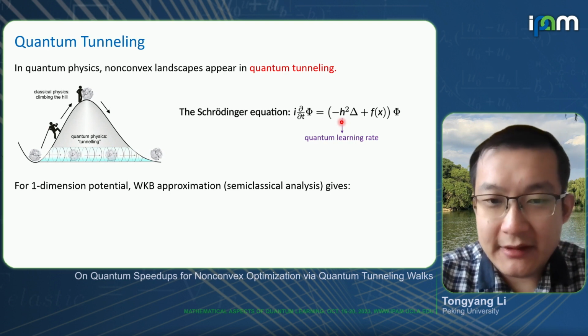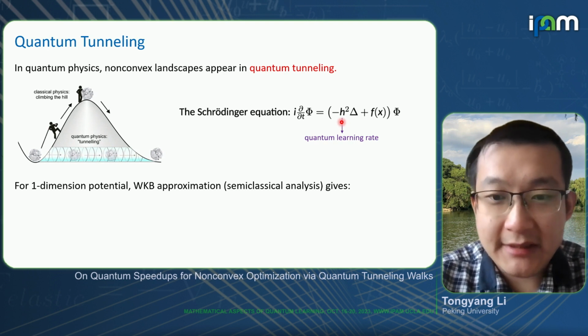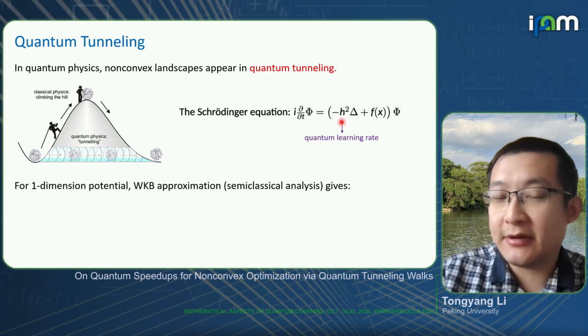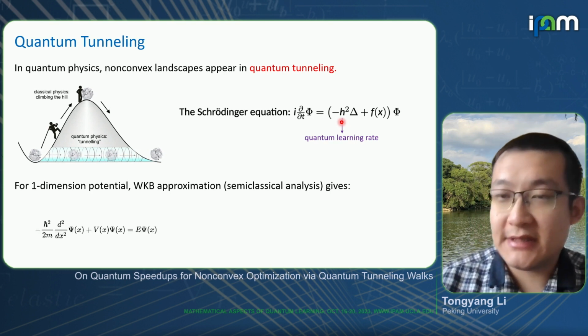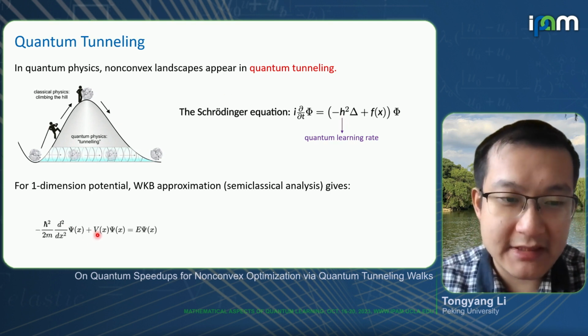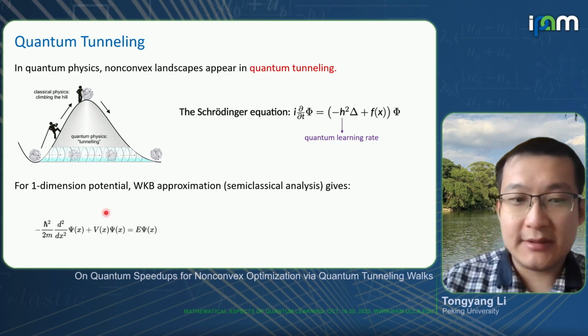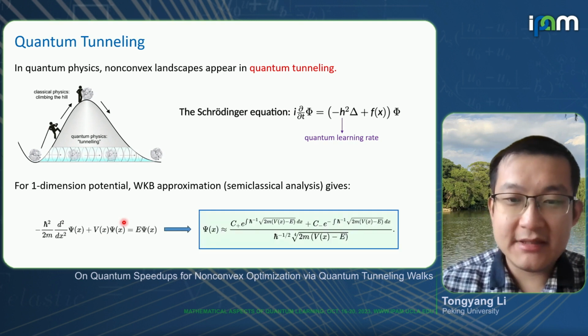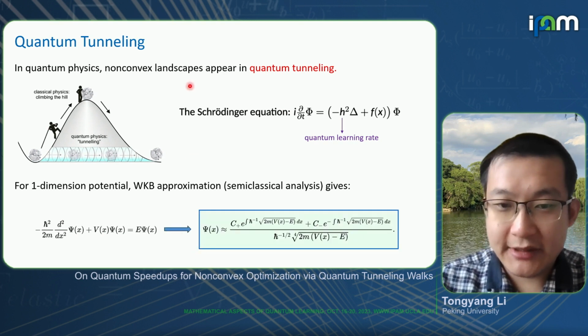When h is small, solving such a Schrodinger's equation is relatively well studied in mathematical physics, and there is semi-classical analysis, such as the WKB approximation. For instance, you have a one-dimensional problem where the potential function v is one-dimensional, and you consider the corresponding eigenfunction; then this has a closed solution looking like this.